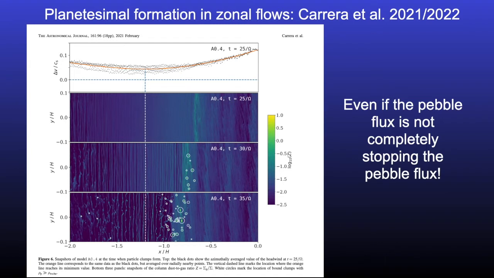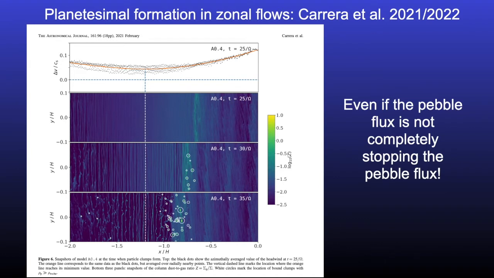They are slightly enhancing in here, and you see here that after some time, then on the way into the pressure bump, you are forming wonderfully planetesimals, which would not have occurred without the existence of that pressure bump.